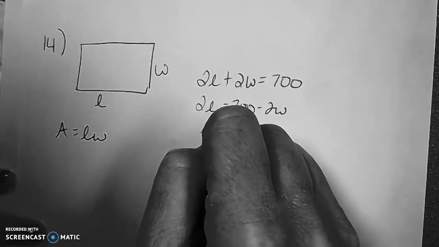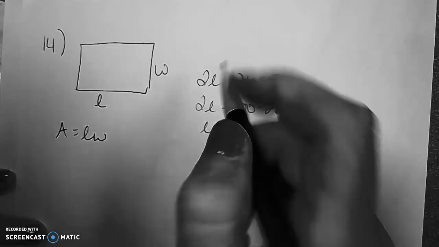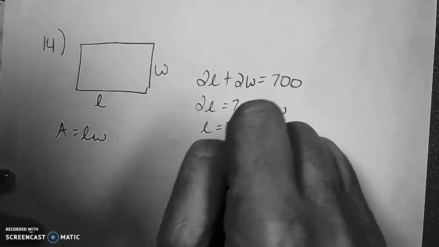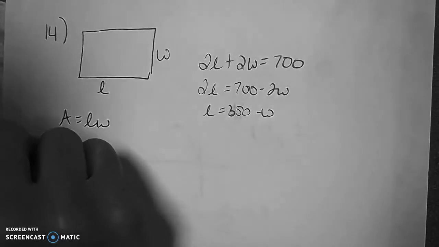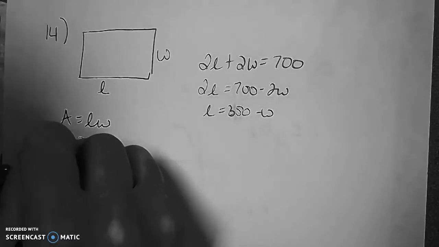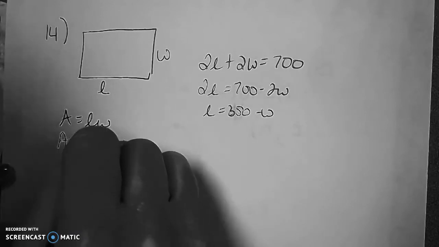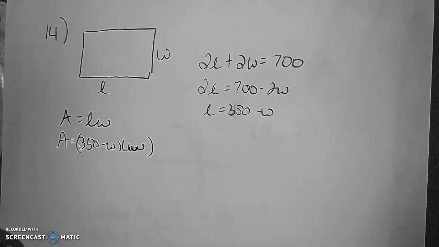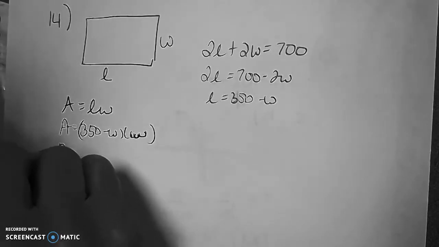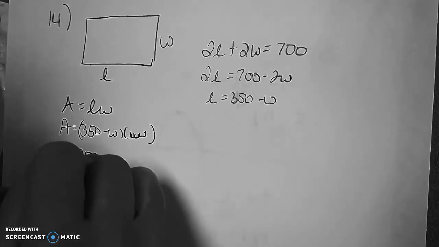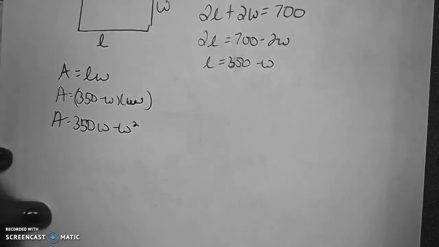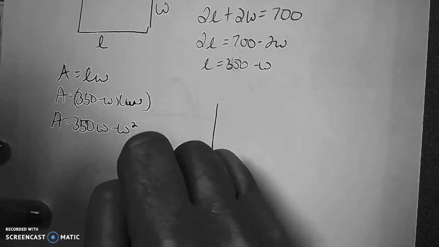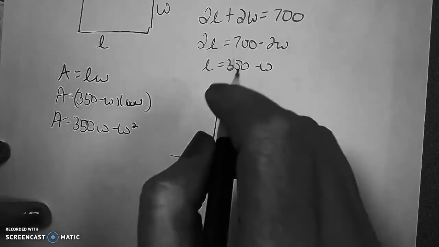So I'm solving for L. Which means I'm going to come to my area equation, and every time I see an L, I can plug this W in. Okay, well, let's multiply that out.